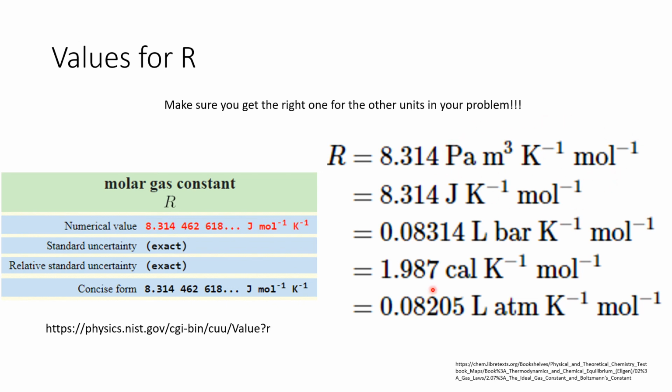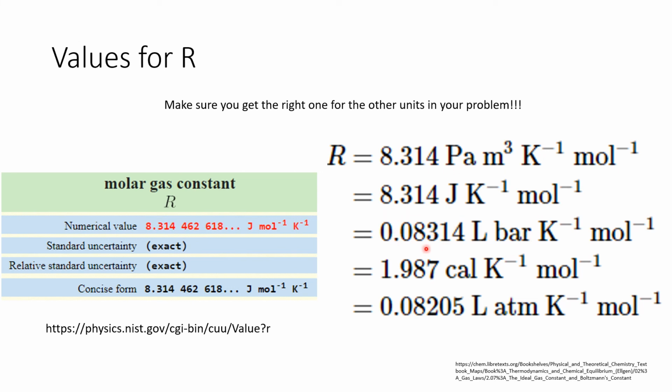These are really the same value, just expressed differently, because this first one, 8.314, is in Pascal meter cubed per K per mole. And the second one is joules per K mole. Now they work out the same, and that's because of the 1-to-1 Pascal joule definition. But then if we've got bar going on, well, that changes everything.